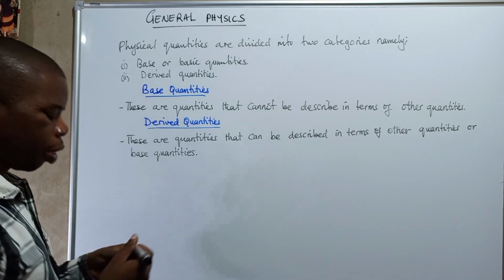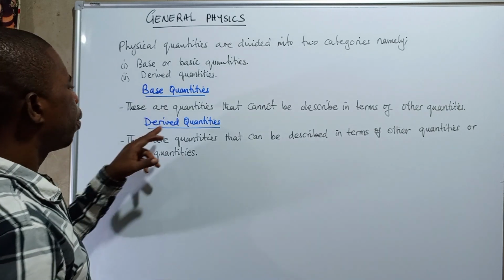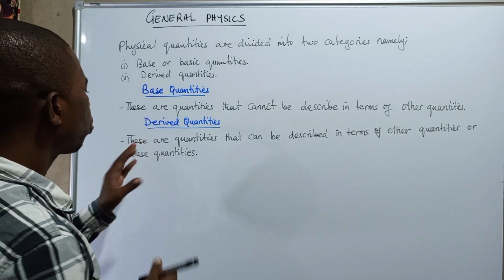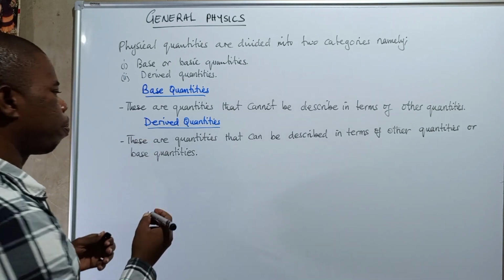So this is what derived quantities are. Let me just give an example.